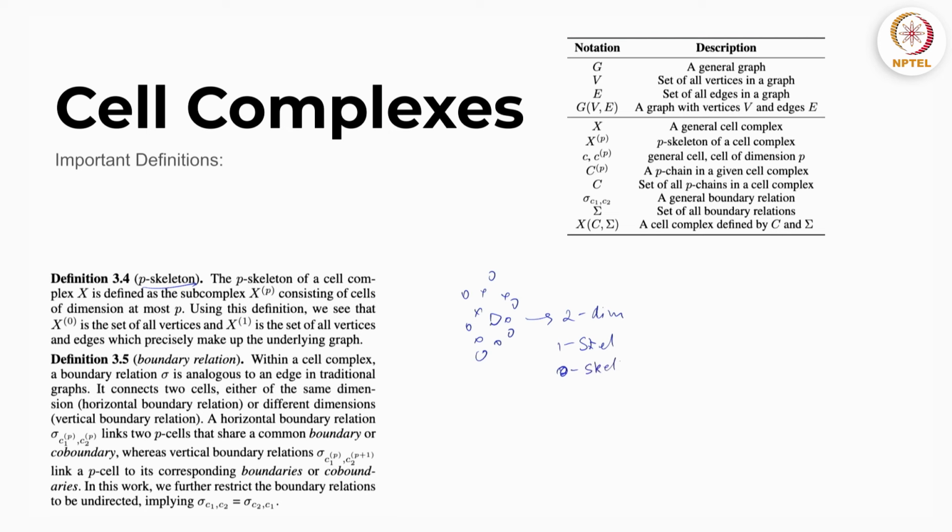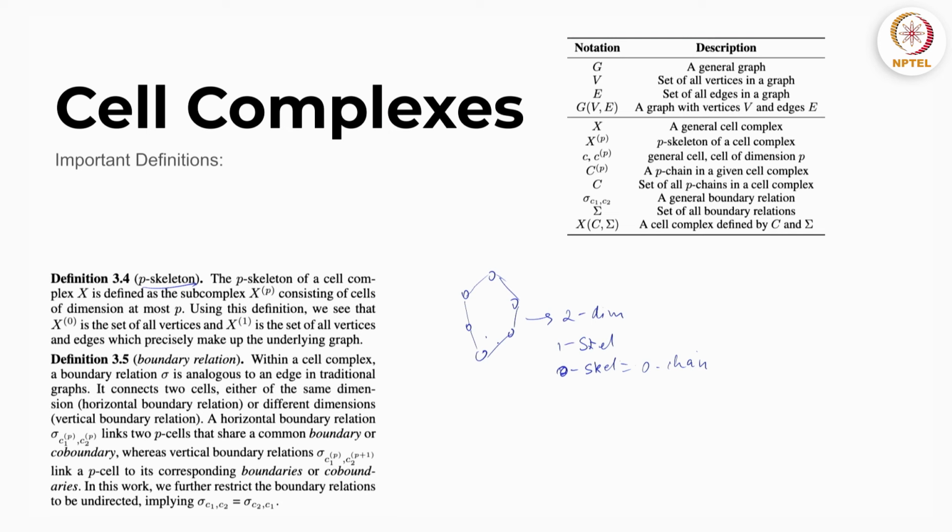A 1 skeleton will have only 0 and 1 cells, so we just remove the 2 cell. And a 0 skeleton will look like removing all the 1 cells as well. The 0 skeleton is the same as the 0 chain that we saw earlier. However, the 0 skeleton will have connections or edges or boundary relations, as we're about to define.